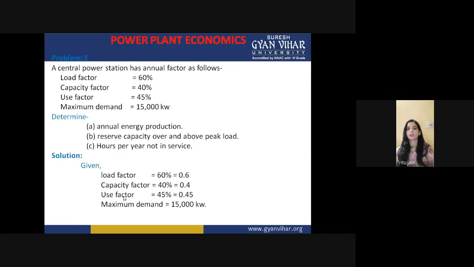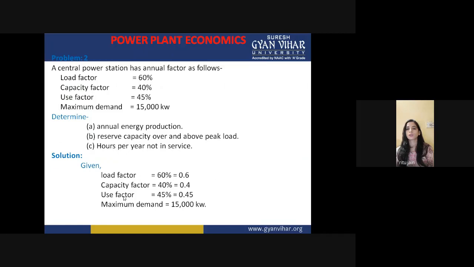So next problem is, our central power station has annual factors as follows. Load factor is equal to 60%, capacity factor is given 40%, use factor is given 45%, and maximum demand is given 15,000 kilowatt.